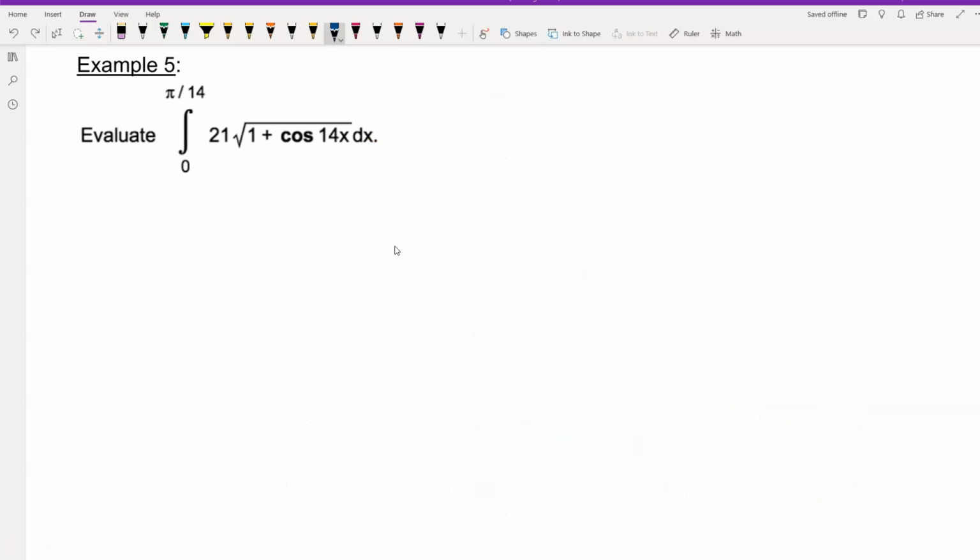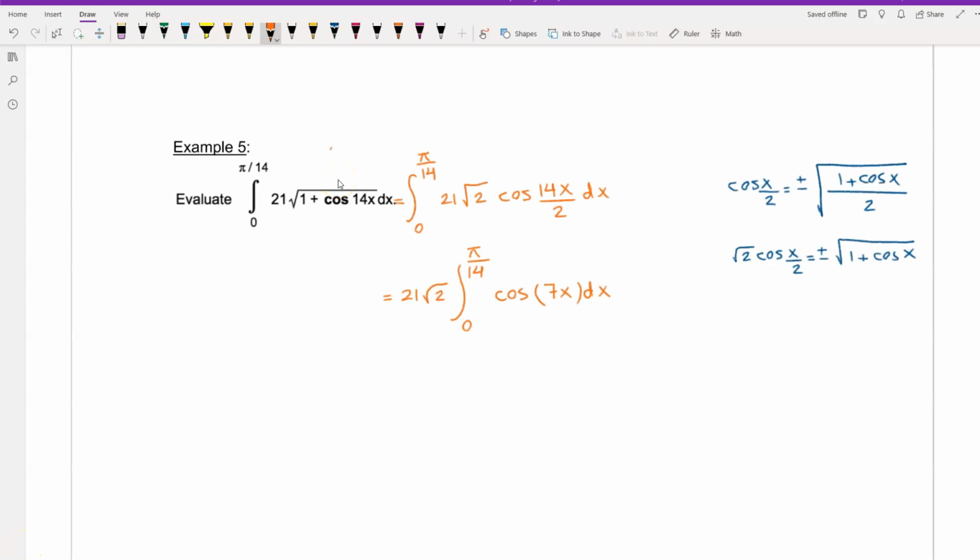Evaluate the integral from 0 to pi over 14 of 21 times square root of 1 plus cosine 14x times dx. Here on this part, to remove this radical sign, rewrite the integrand using a half angle identity.